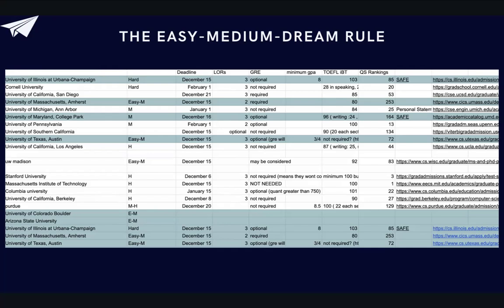But from column 3, start filling in all the information that is readily available on the program website and the university website. Application deadlines are readily available. You should enter them when you are making this master sheet. Letters of recommendation: some universities require 2, some require 3, but our suggestion is you should have 3 letters of recommendation documentation ready, because that is what most universities take.